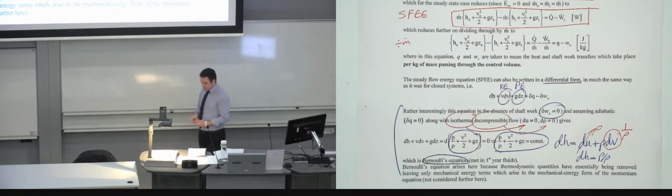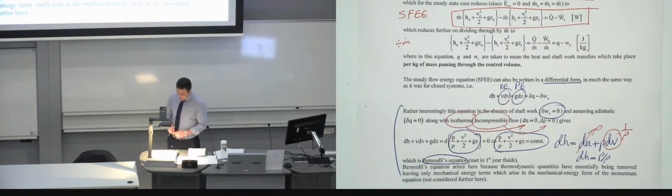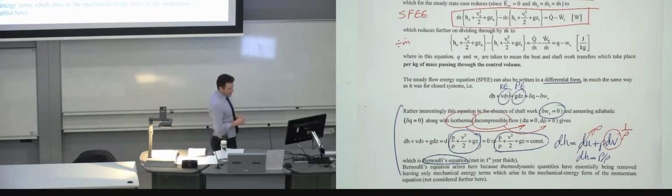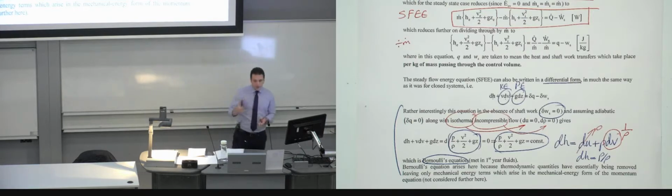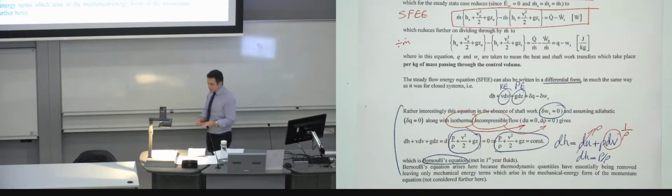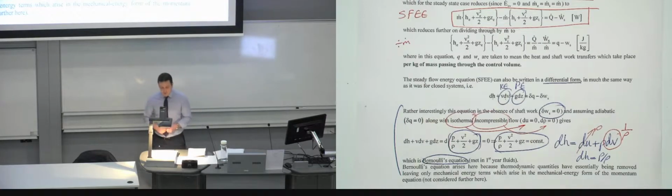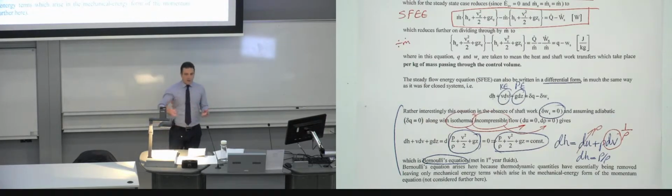What this actually shows is that because they come from the same principles, these are essentially the mechanical energy form of the momentum equation. The momentum equation is the fundamental equation here. And by having the right assumptions, by making these assumptions here, you've removed anything to do with the thermodynamic aspects of the momentum equation.